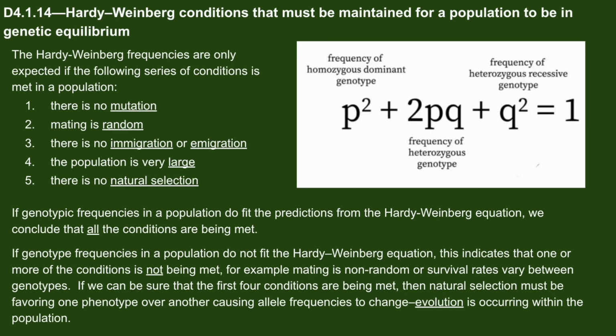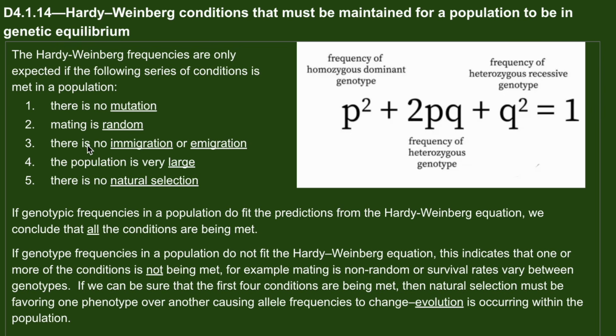If the genotypic frequencies in a population fit the Hardy-Weinberg equation, we can conclude that all five of these conditions are being met. If, though, our frequencies don't fit what we predicted using the Hardy-Weinberg equation, this indicates that one or more of these conditions are not being met.